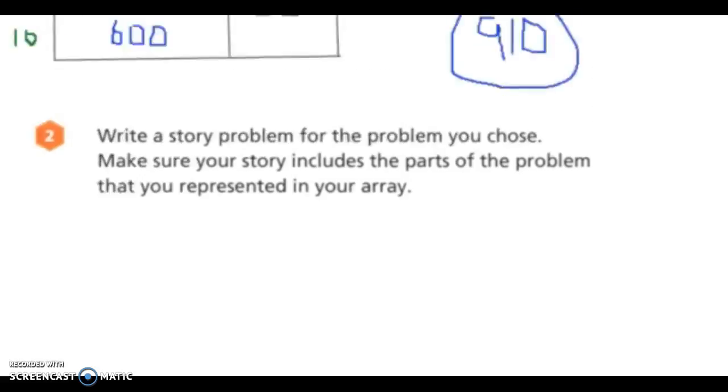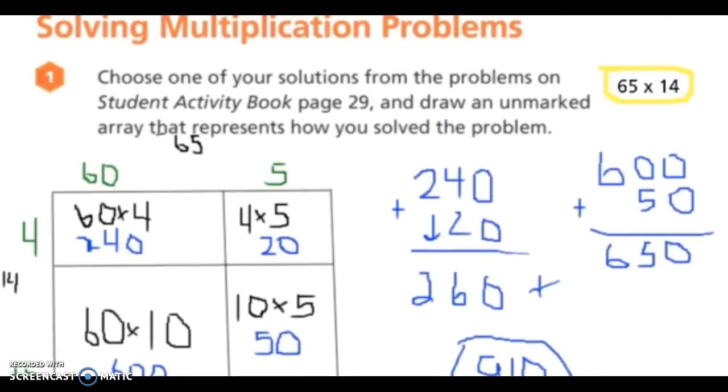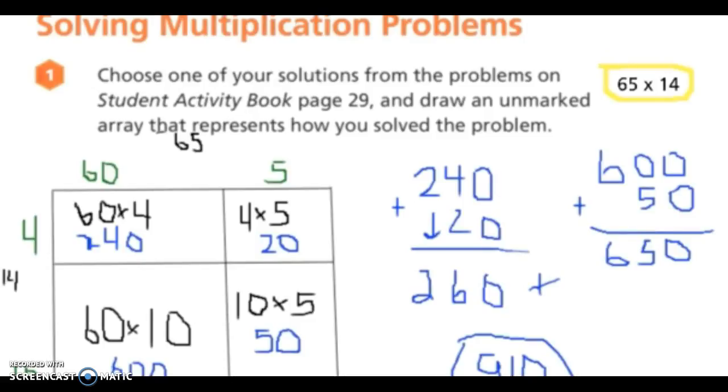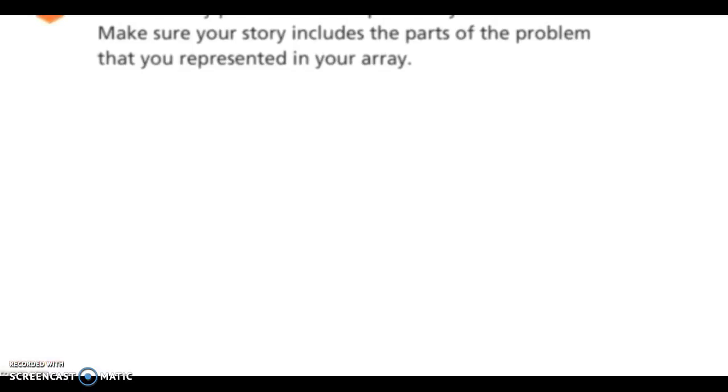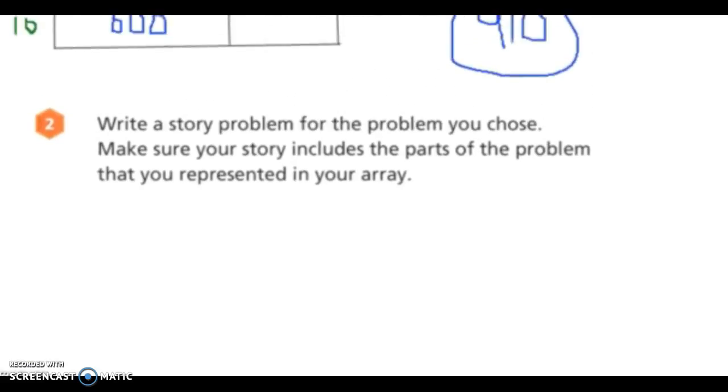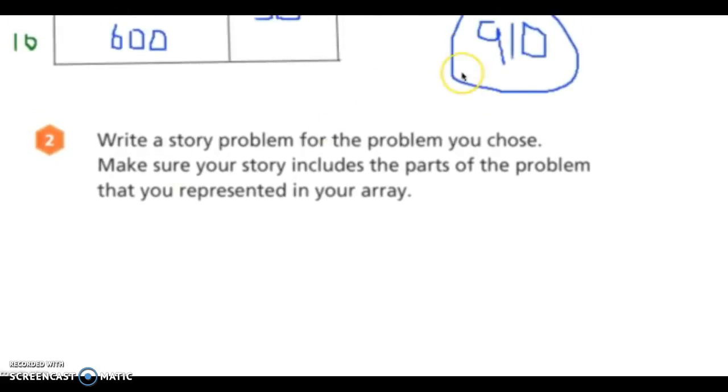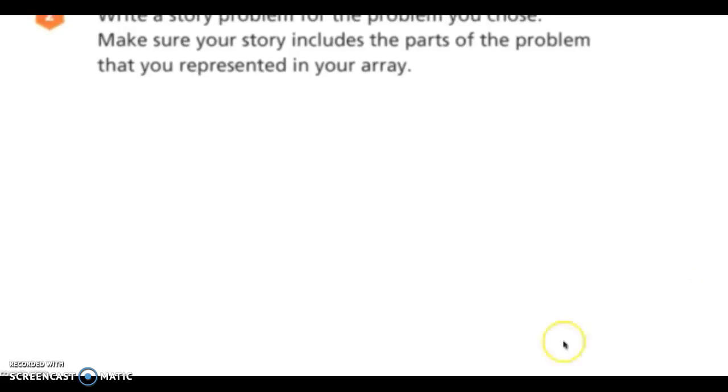So I will remind you of the work that we've done. And your exit ticket for this lesson will be to create a story problem using this work. Feel free to pause the video so you can reference this question, and be sure that your answer includes that number of 910. All right, good luck.